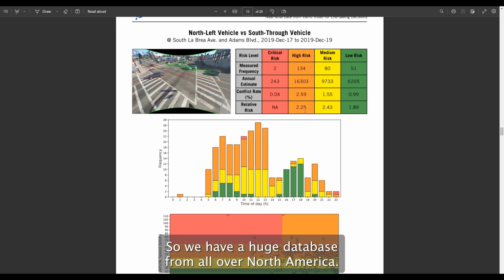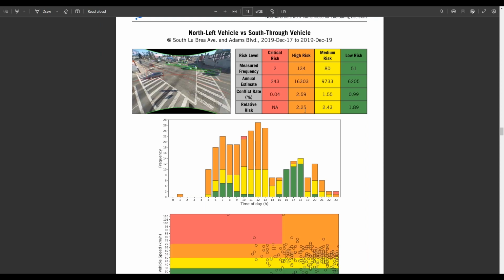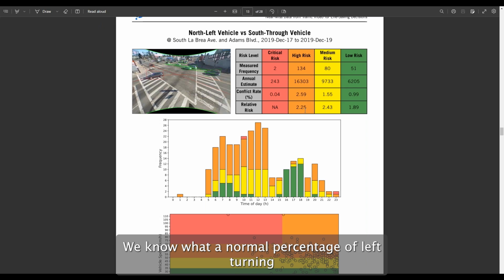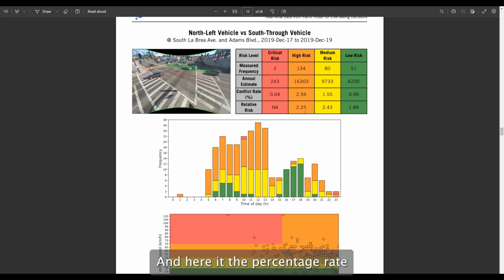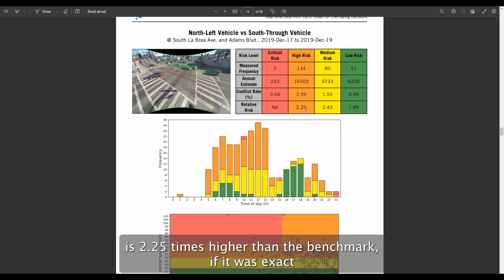We have a huge database from all over North America. We know what a normal percentage of left turning vehicles is to get in a high risk conflict. And here, the percentage rate is 2.25 times higher than the benchmark.